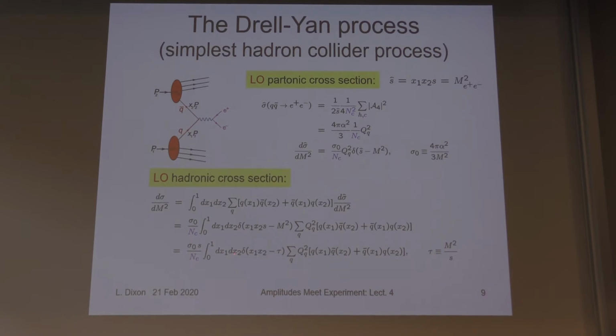So anyway, you get these products here, and you have to integrate over x1 and x2. Of course, you can't go down to arbitrarily low x1 because x2 can never get bigger than 1. So there's some range of integration that's cut off by the fact that these parton distributions stop at x equals 1.